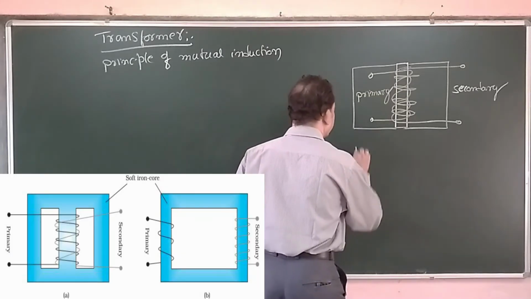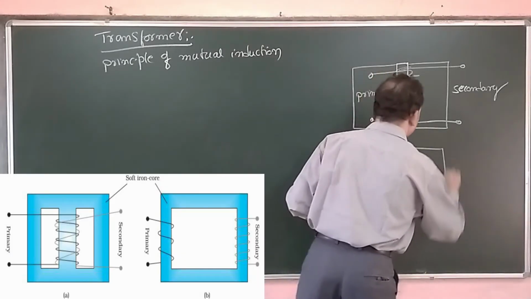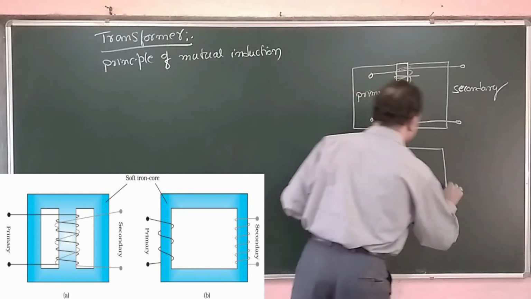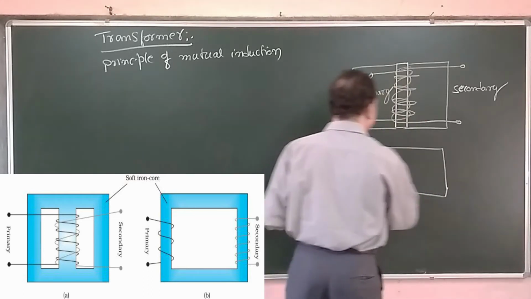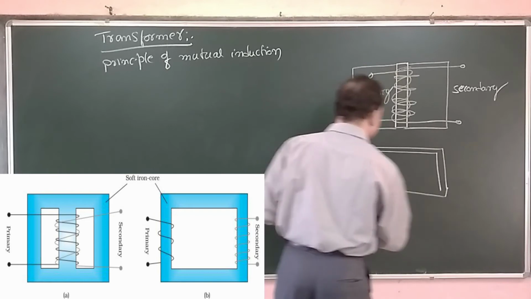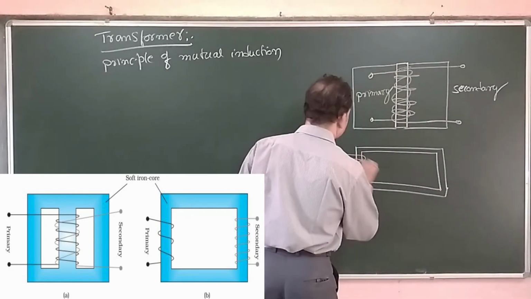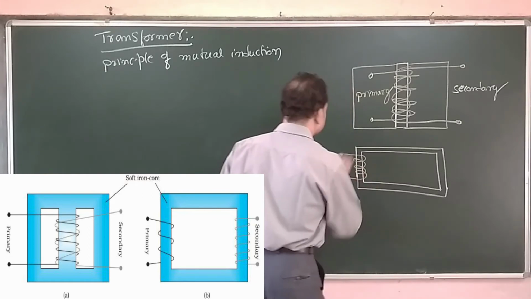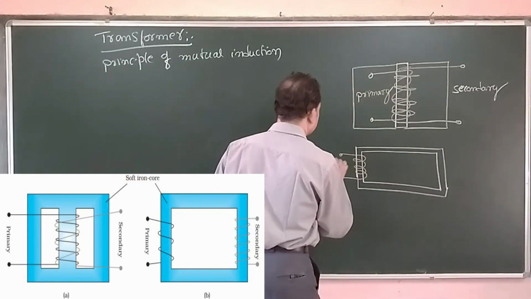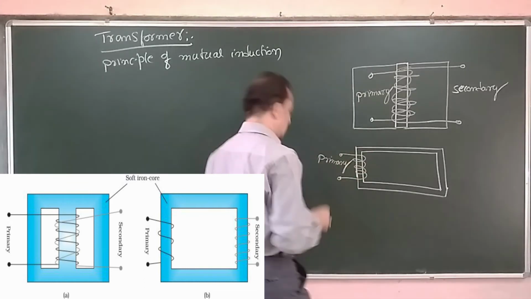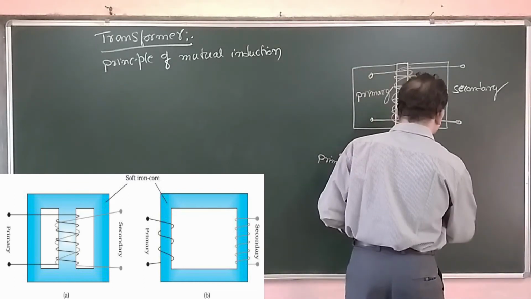This is one method of having a transformer, or we have another method of having a transformer. The two coils are separately wound on two separate cores. Here one coil is wound, it is the primary coil, and here the other coil is wound.